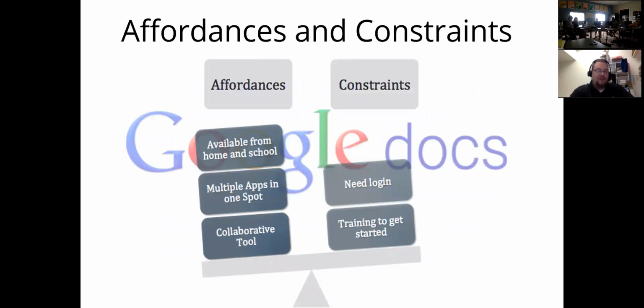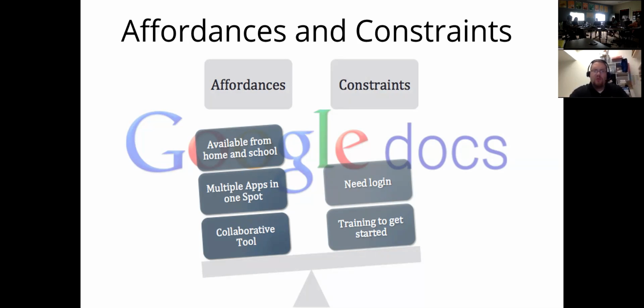So if we balance those affordances and constraints, here are just some examples of Google Docs. It's a little dated, but most of this still applies. The affordances that people thought of with Google Docs or Google Drive was that it's available at home and school. If they had limited access at school, but they could go on at home, that was a positive. That was an affordance of using that tool over something like Microsoft Word.